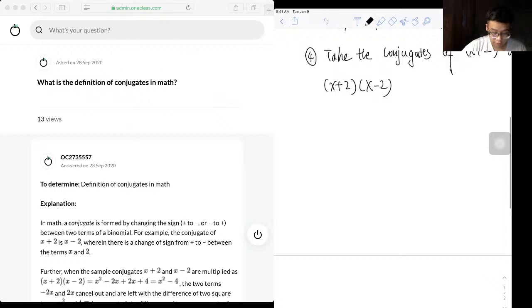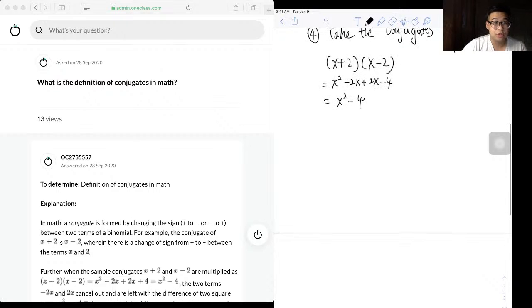If we do the calculation, this will give us x squared minus 2x plus 2x minus 4, which is x squared minus 4. Notice that the two terms, positive 2x and negative 2x, cancel each other during the simplifying process. So x squared minus 4 is the only term left, which is also a difference of two squares.